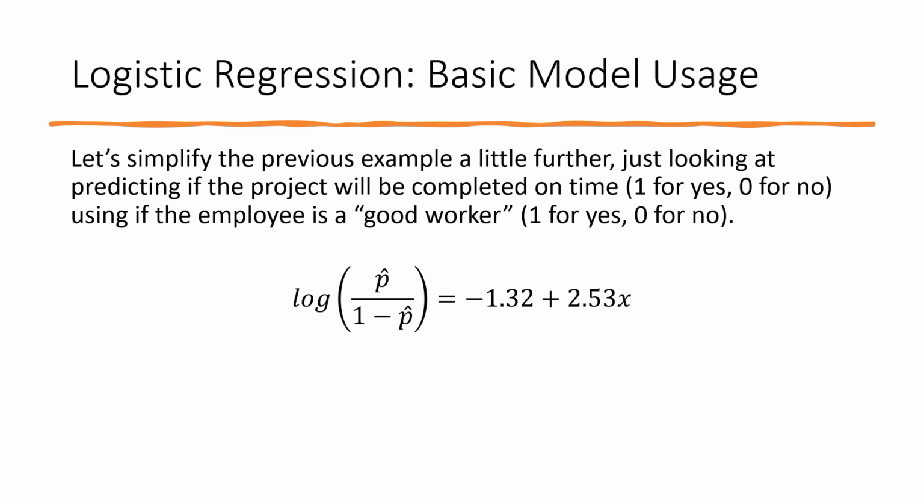Because if the other variables weren't in the model, the parameter estimate for the coefficient I'm interpreting could be very, very different. In the previous model, I would say the effect of good worker on turning in a project on time, after accounting for collegiality. That last part is so important because the effect of being a good worker on turning in your work on time is very different if I'm just looking at the good worker part.